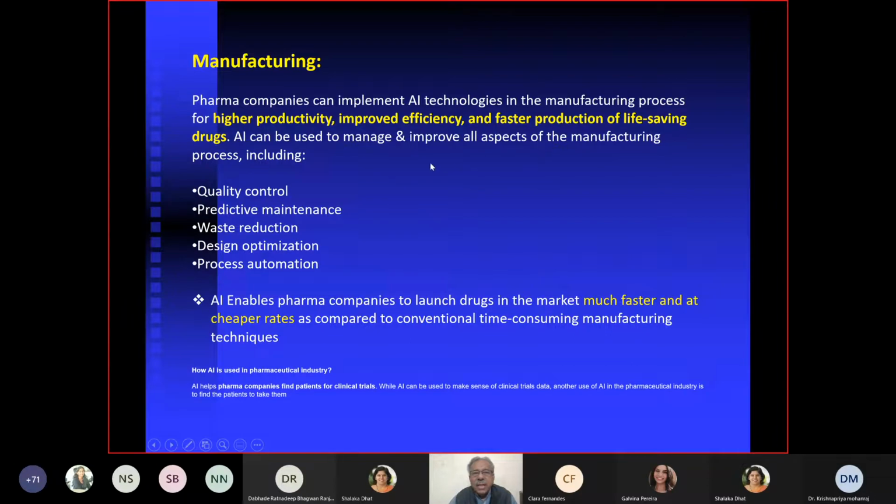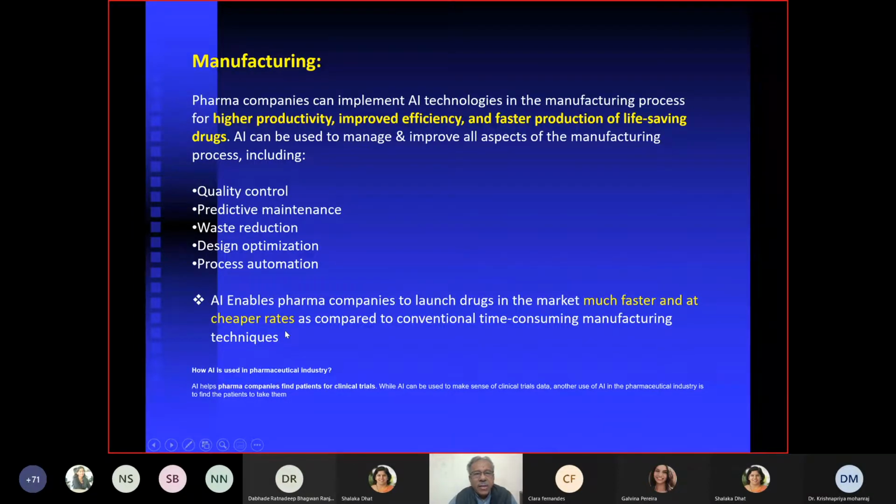This task involves quality control, predictive maintenance, where you can use AI technologies, waste reduction, design optimization, process automation. And here AI enables pharmaceutical companies to launch drugs in the market faster and at a cheaper rate as compared to conventional time-consuming manufacturing.